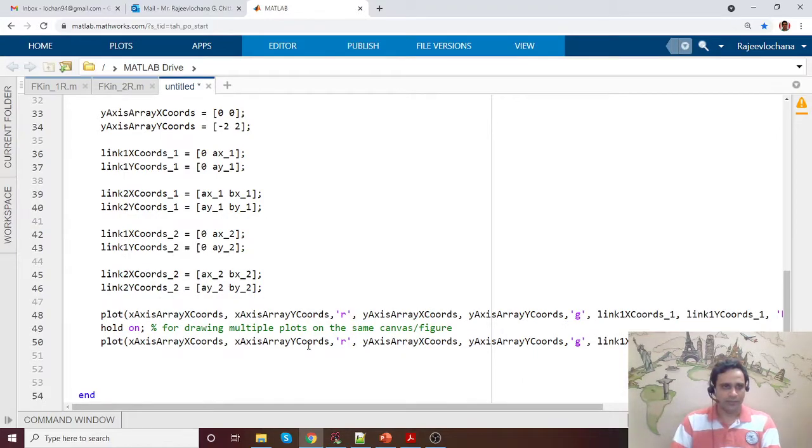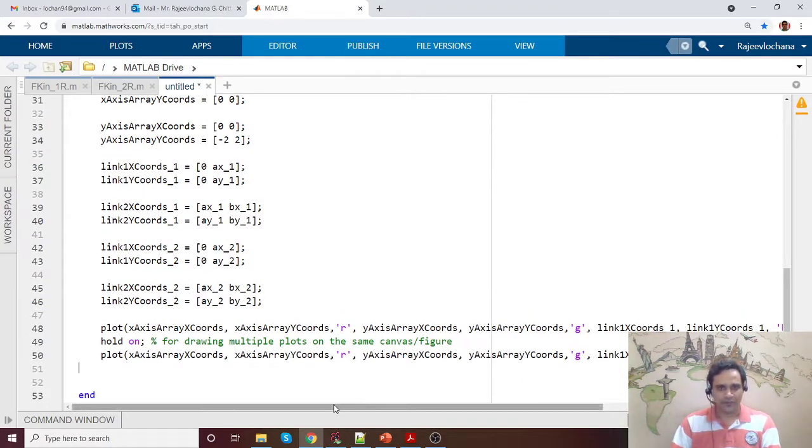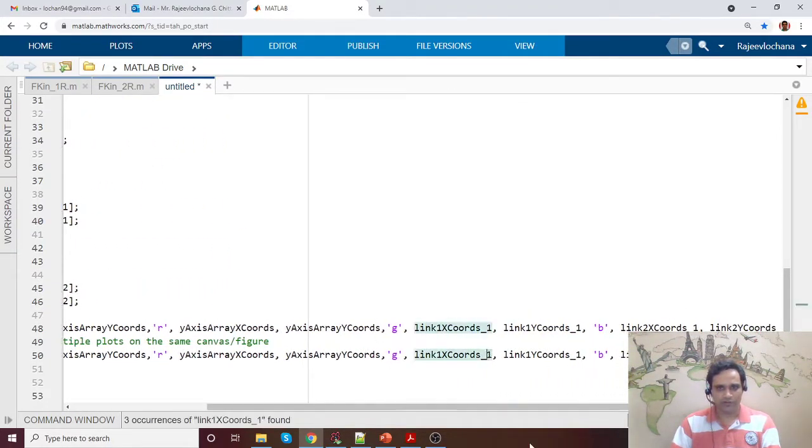Okay, now what do we do? Obviously wherever we have underscore 1 we'll have to do underscore 2, underscore 2, and we want our line to be in the form of maybe dash.